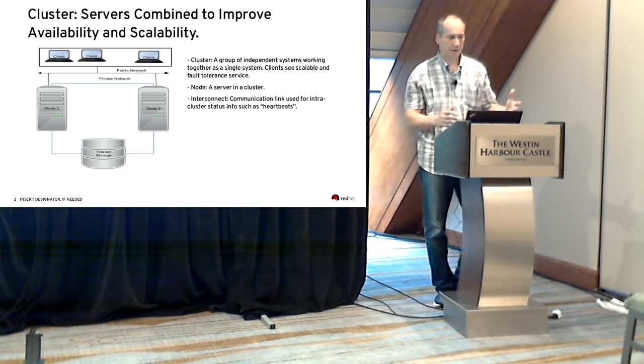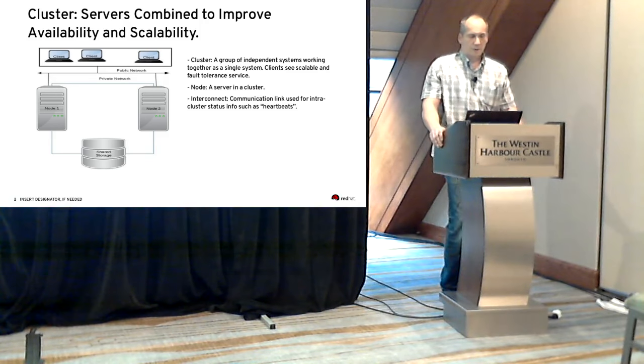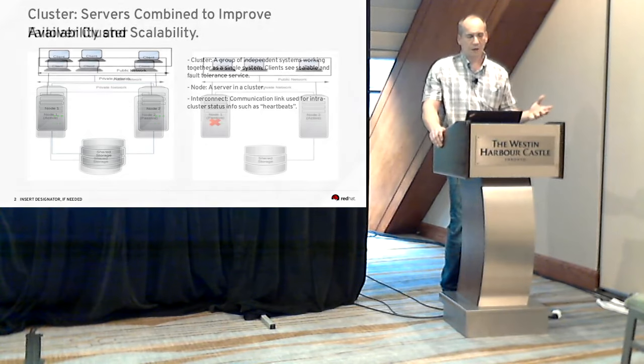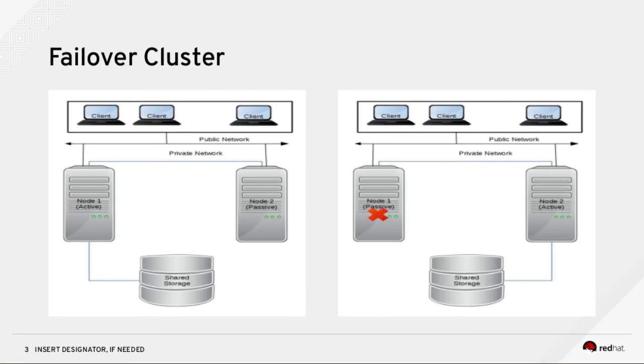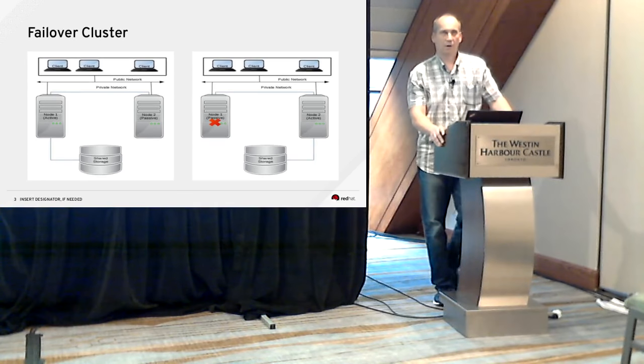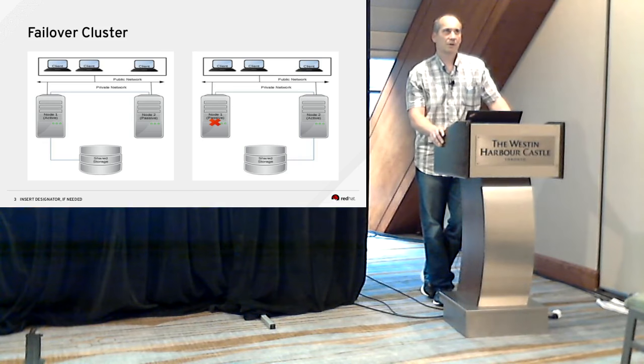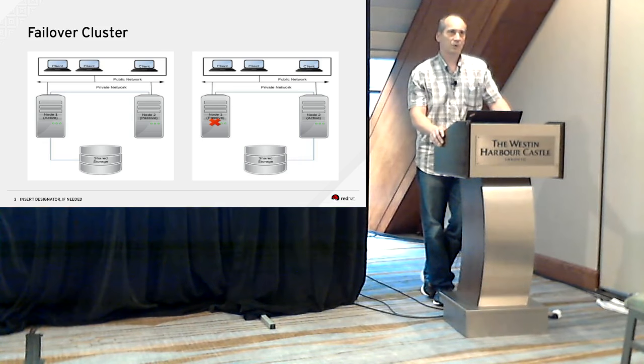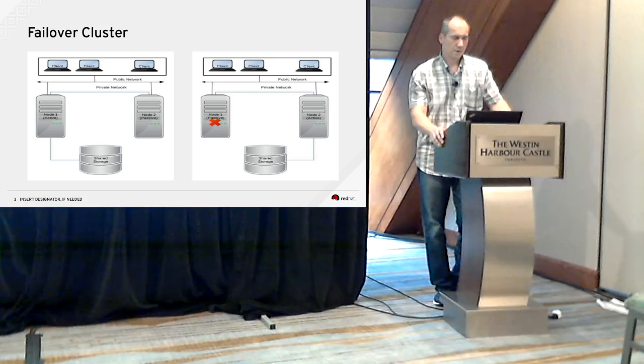And then we come to another topic, the failover cluster, because a failover cluster usually has, as I said, at least two nodes. It can be more. Windows 2012 R2, if I remember correctly, supports up to 64 nodes in a cluster.